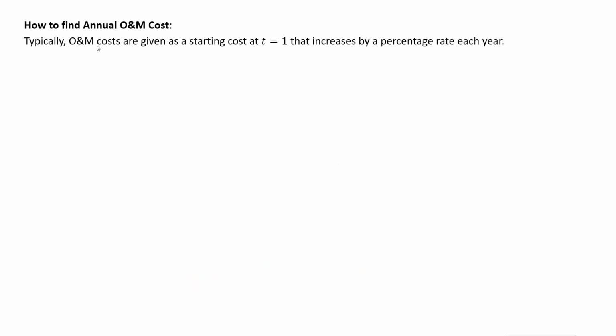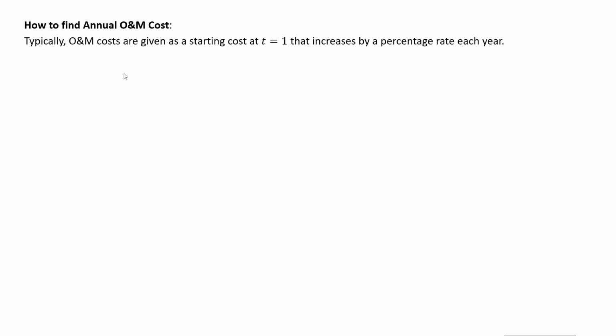Well, it also makes sense that we'll try to find how to find this annual O&M, operating and maintenance cost. Typically, O&M costs are given as a starting cost at t equals 1 that increases by a percentage rate each year. This is the key. Previously, we had a P at t equals 0.